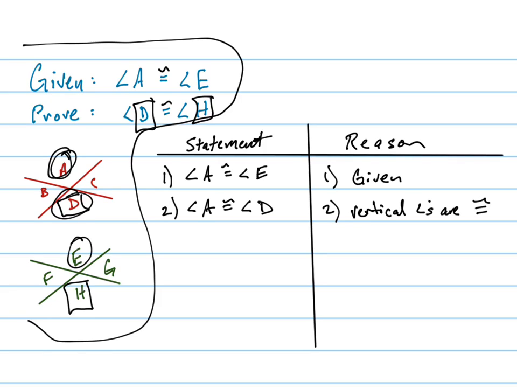Now this is where the steps get people a little bit confused. They start throwing all kinds of logic and reasoning out here, and if your statements are in the wrong order, it's hard for the person that's grading it or trying to read it to understand. So the next thing I'm going to do is go straight on. I look up here at these things, and I say to myself, oh, well, if that's true, then I know right away that angle E is congruent to angle D, because I can see right away that would follow by the transitive property.